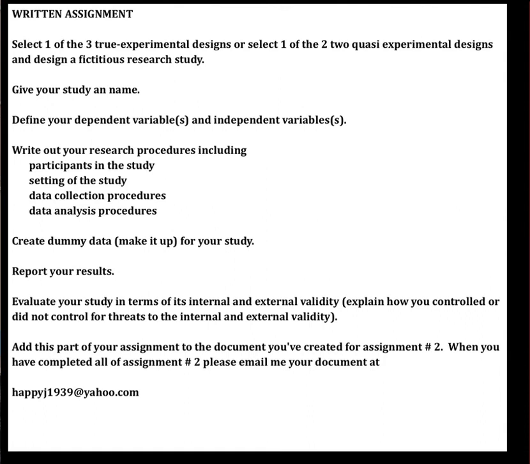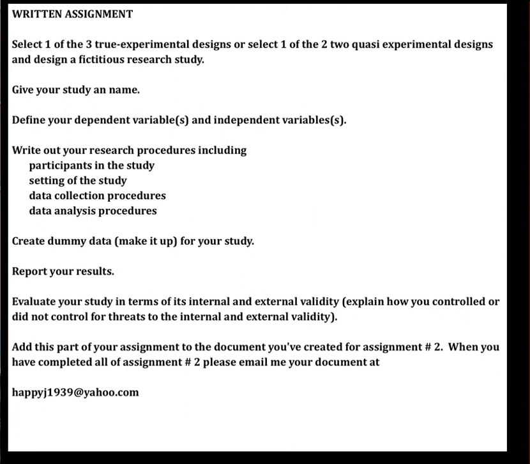Okay, well now, this is on you. Written assignment. Select one of the 3 true experimental designs or select one of the 2 quasi-experimental designs and design a fictitious research study. Give your study a name, define your dependent variable or variables and independent variable or variables.